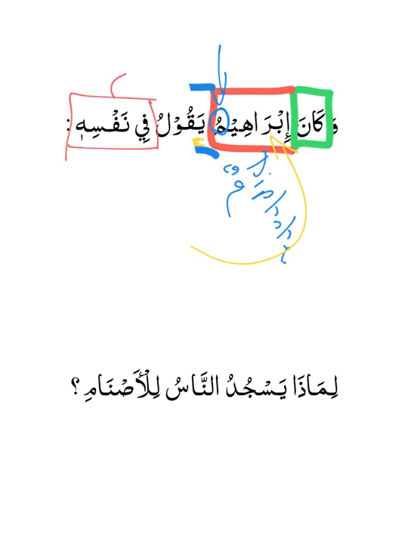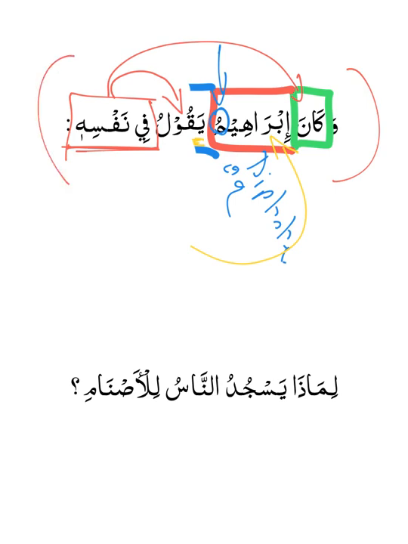Down here, fi nafsihi is connected to yaqulu. So yaqulu, with its fa'il and with its jar and majroor becomes jumla fa'liya, and then it becomes the khabar of kana. Kana with its ism and khabar becomes a verbal sentence. So from here to here, it's a jumla fa'liya.